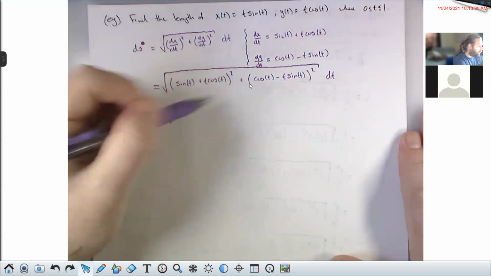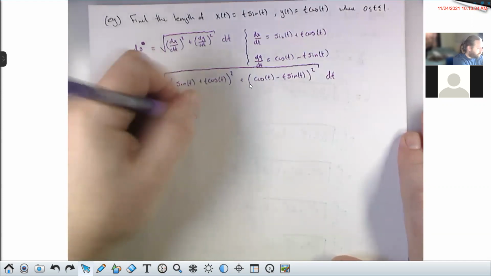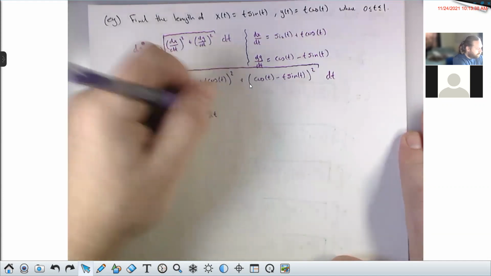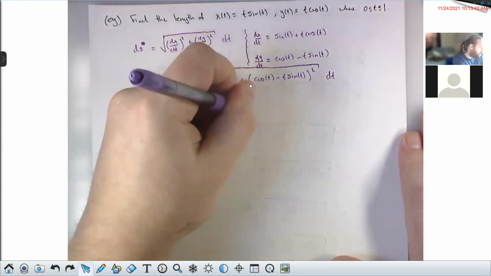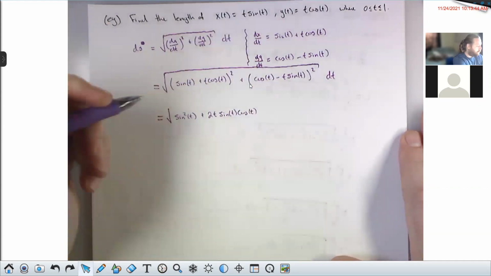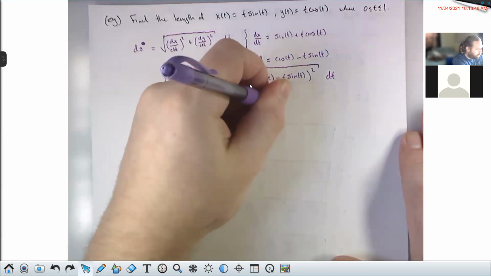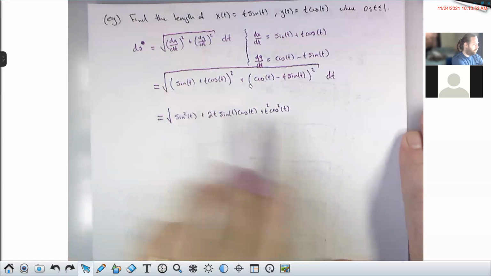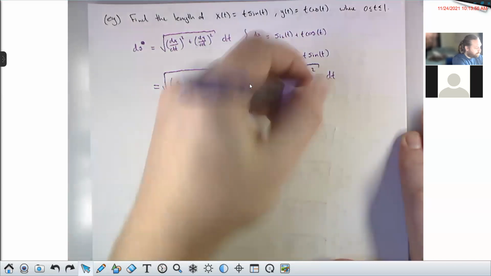If I FOIL this first piece out, I get sine squared t plus 2t sine t cos t plus t squared cos squared t. Same with the second.